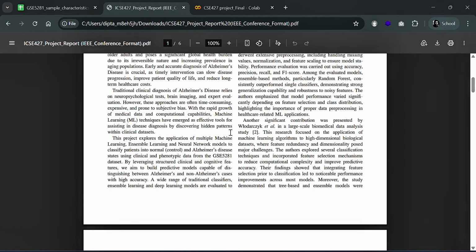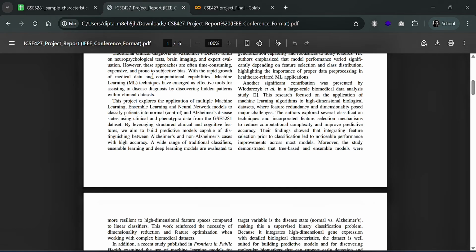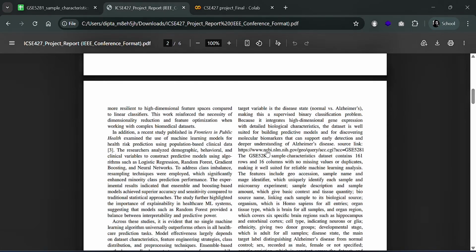So for this study, we have taken a dataset named GSE5281. These are the sample characteristics. This is the dataset I obtained from the Gene Expression Omnibus, which is a well-established biomedical data repository I found from the NIH server.